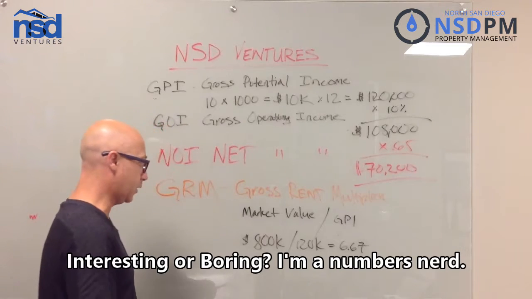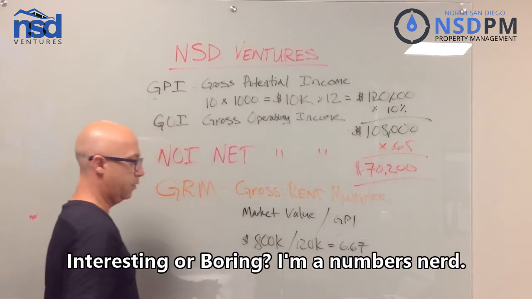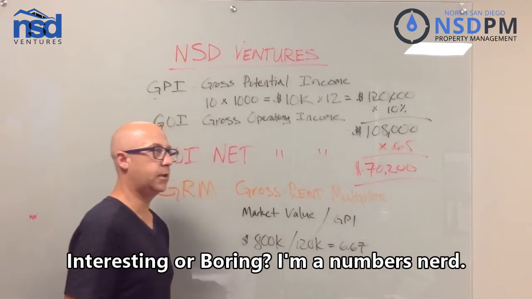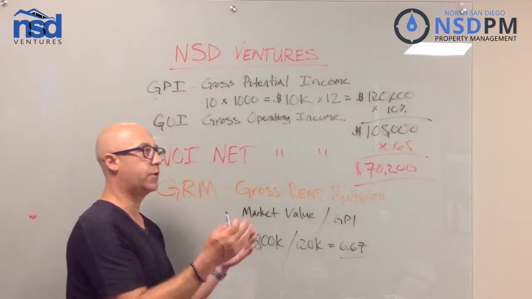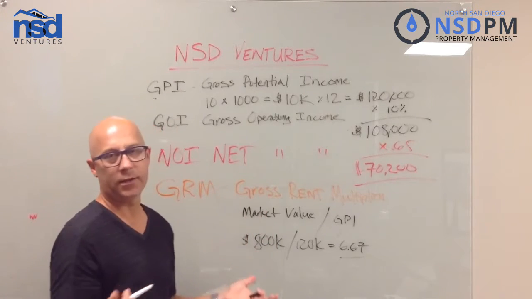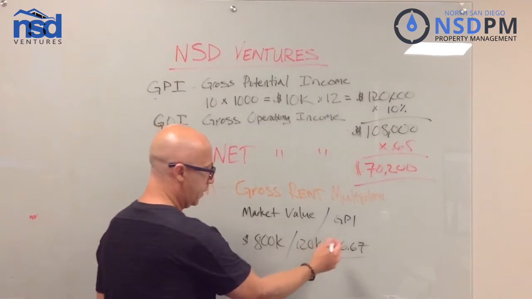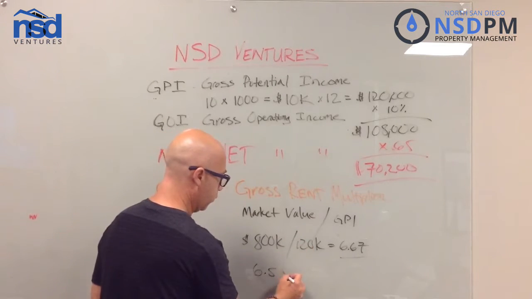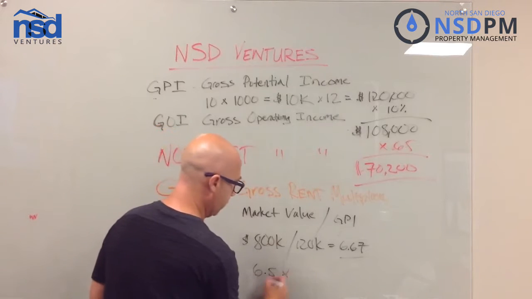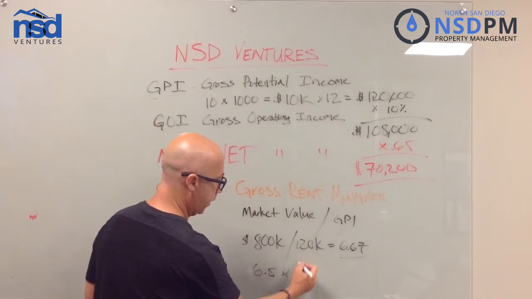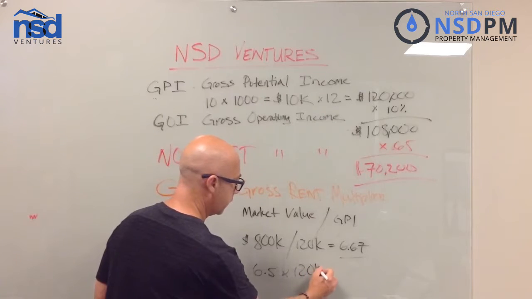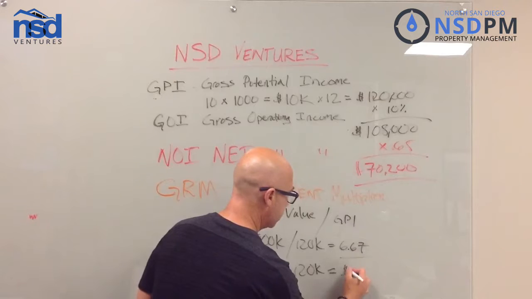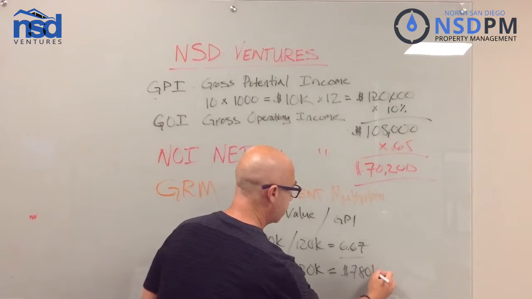Now it's interesting though, because you could also take GRM to find out maybe what the value of a property should be, right? So let's say that you're looking at all these properties and the average GRM in the area is about 6.5, right? So if we took that 6.5 instead, and we multiplied it by the income, 120K, this would kick out a number of 780K.